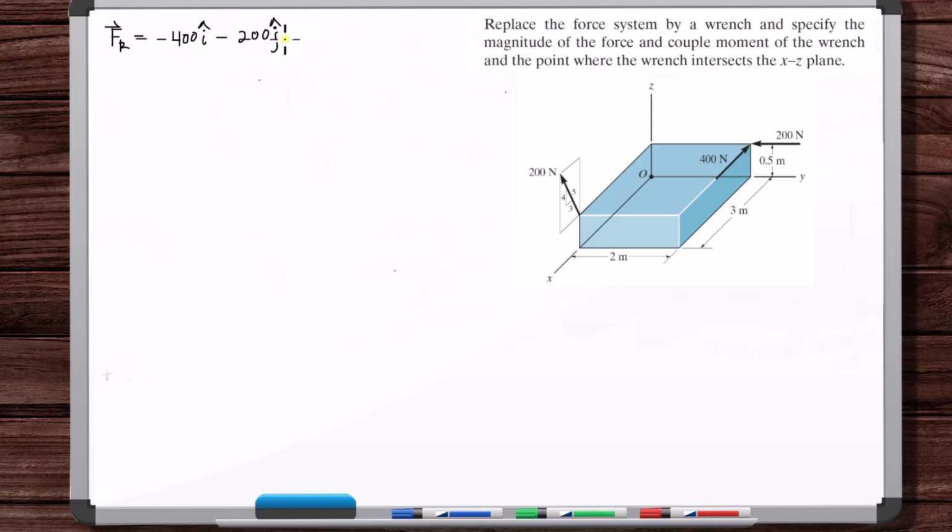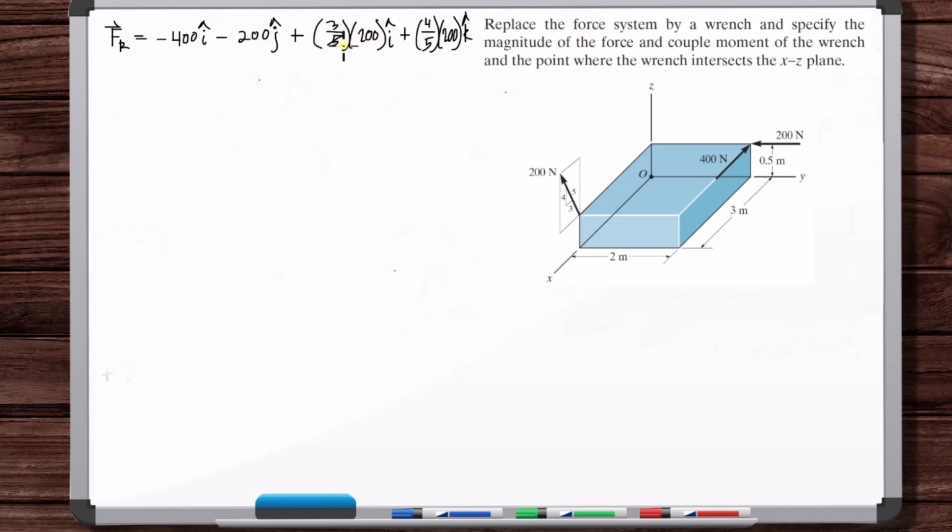Then positive, we'll use this force triangle, 3/5 times 200 I hat. Right, it's positive X, and then plus 4/5 times 200 K hat.